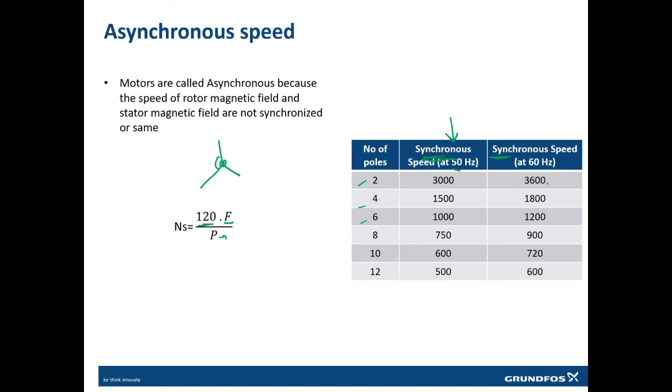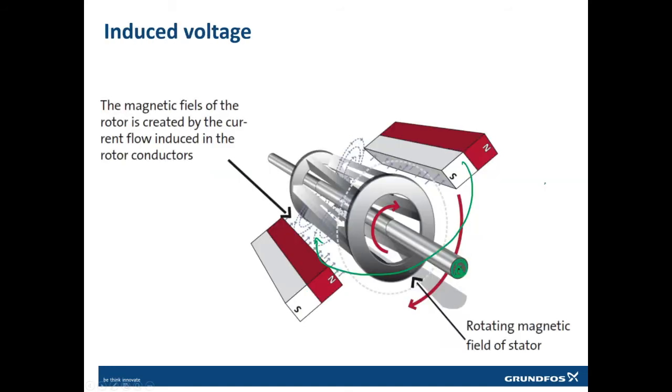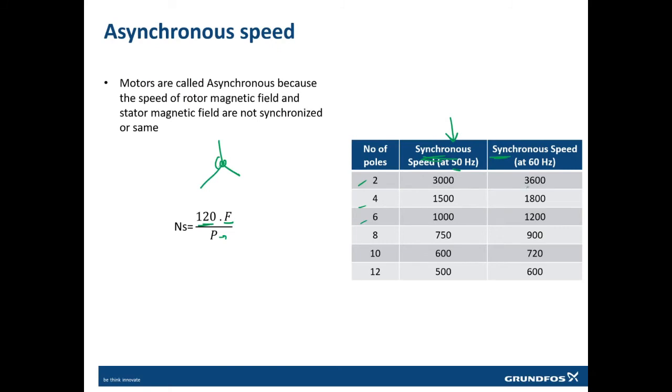Synchronous speed is when the rotor, that means this rotor part, and this magnetic field are rotating at the same speed. Then it will be 3600 rpm for 2 pole. But in real life, this is not 3600 rpm. It is something like 3650 or sometimes 3455.